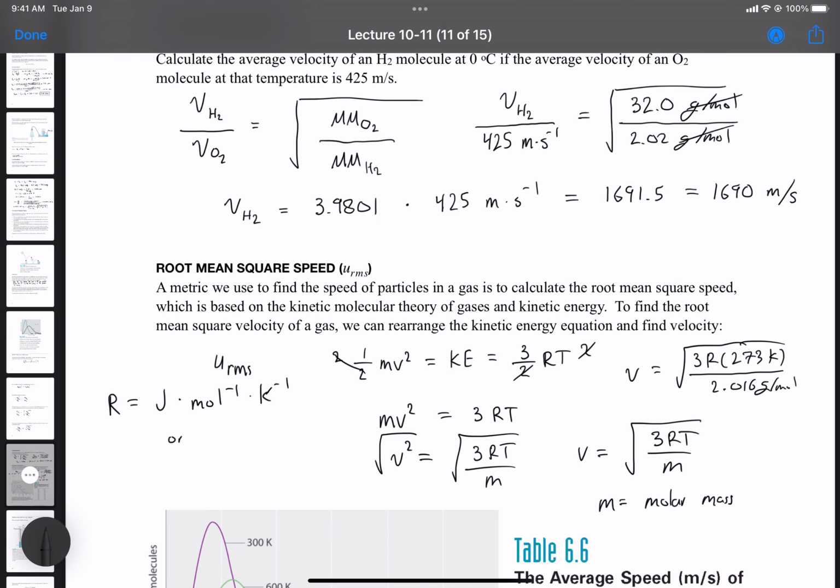And we know a joule equals 1 kilogram meter squared per second squared. So it has some weird units. That's just something we'll have to know, and you'll be given this.